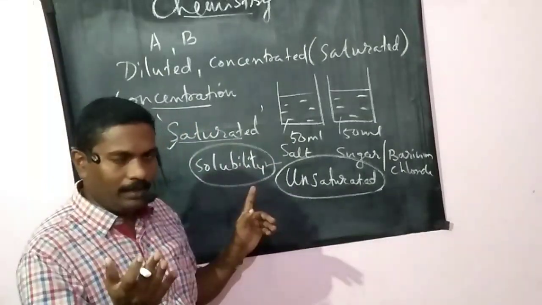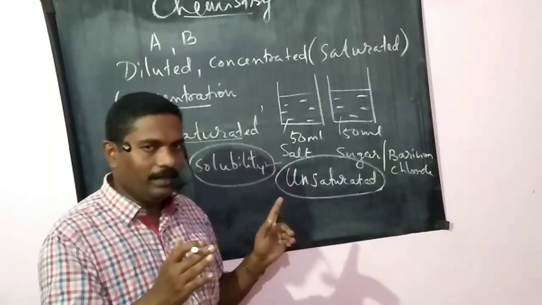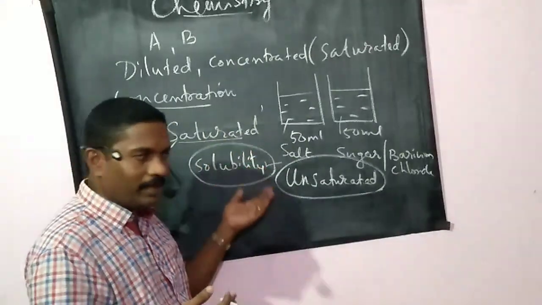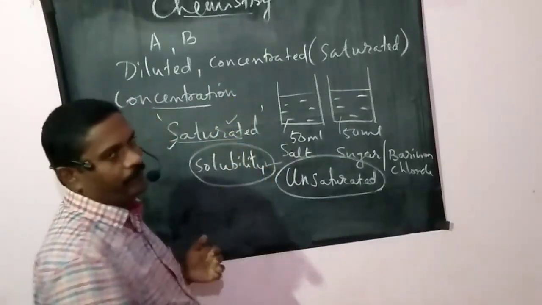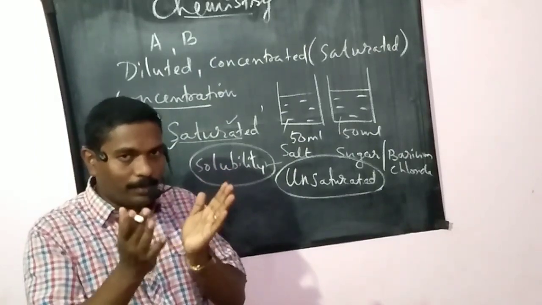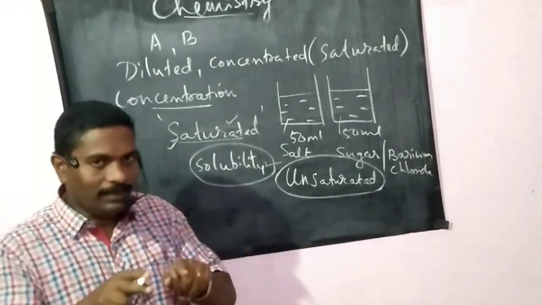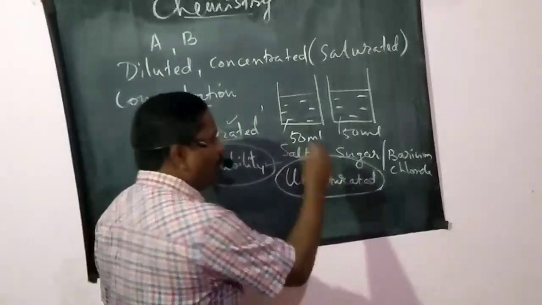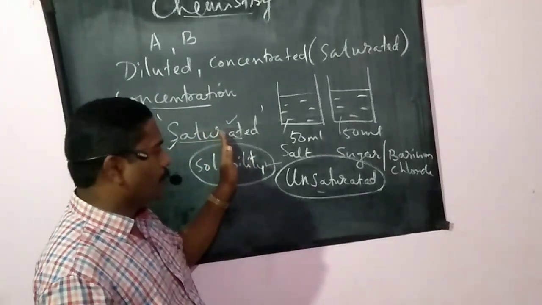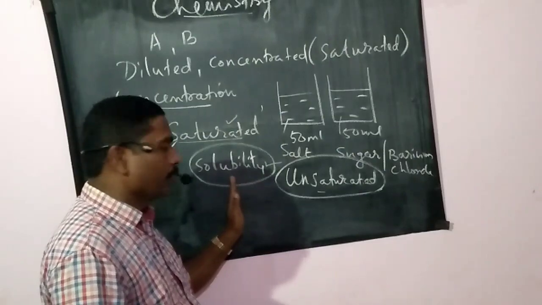Any solution which has enough solute dissolved in it is called saturated. If the quantity of solute is less than that required amount, it is called unsaturated. Did you get it? Saturated, unsaturated and solubility.